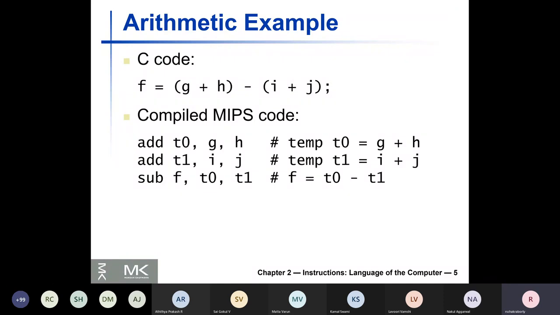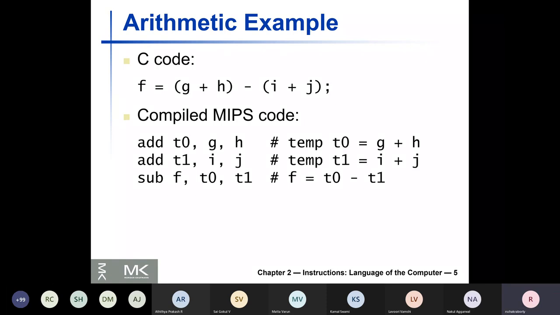Okay, but let us still continue with more complicated expressions. For example, the C expression is F equal to G plus H minus I plus J. So this is a perfectly valid C expression.